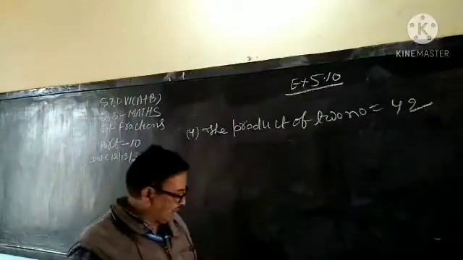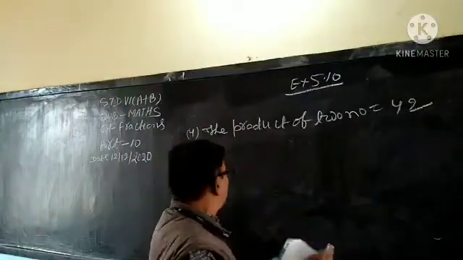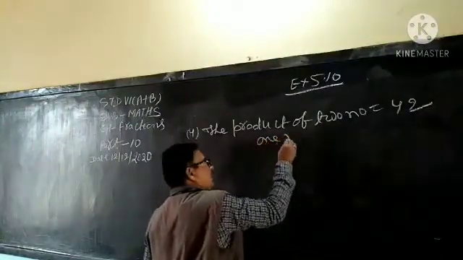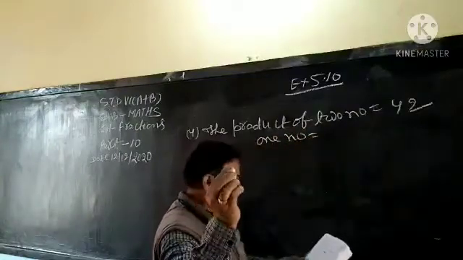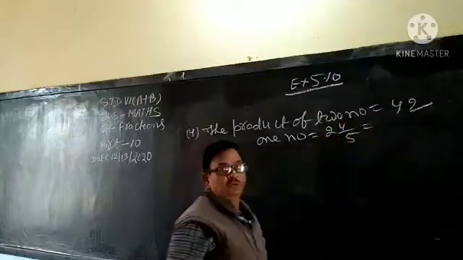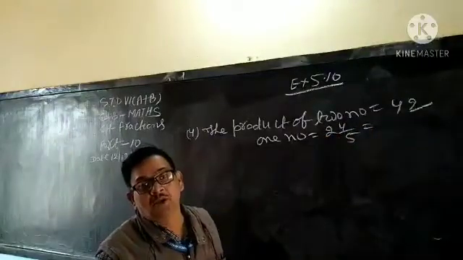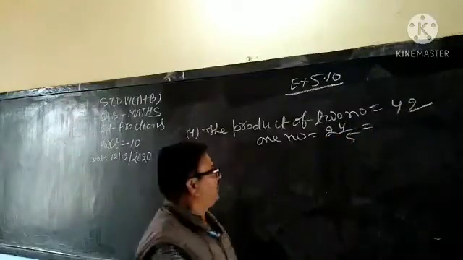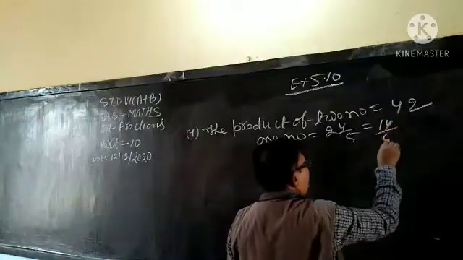Okay? The product of two numbers is 42. One number is given, 2 4 by 5. Change into mixed fraction: 2 into 5, 10 plus 4, 14 by 5.